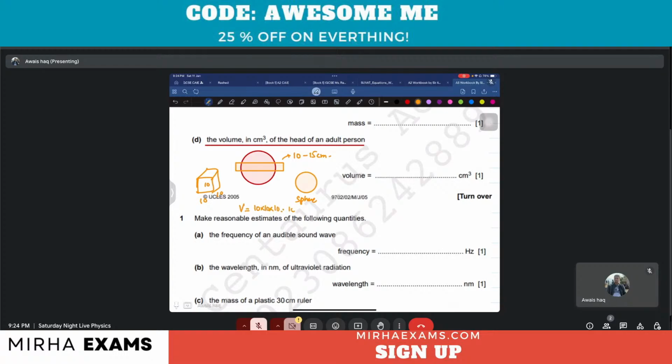So it's going to be around 1,000 centimeters cube. This is quite funny, but a lot of students actually got it right. It's an old question, but it's interesting, because this still works, and they can still give you very, very weird questions.